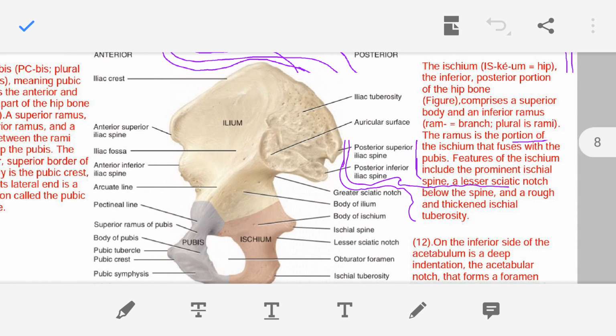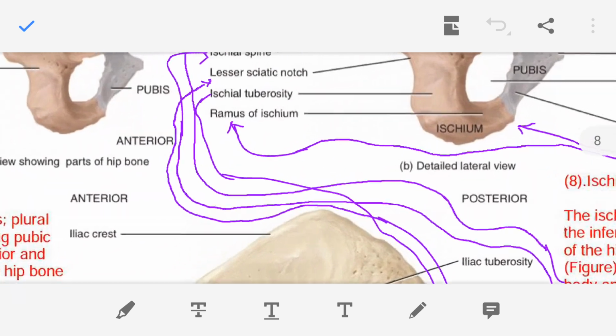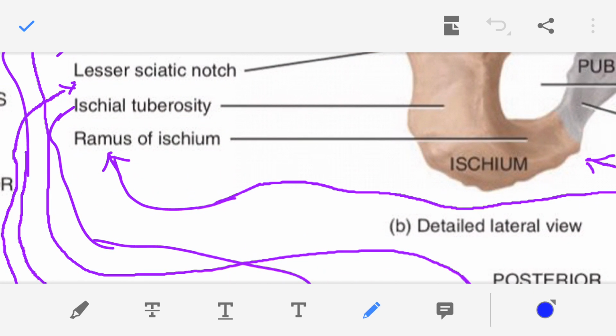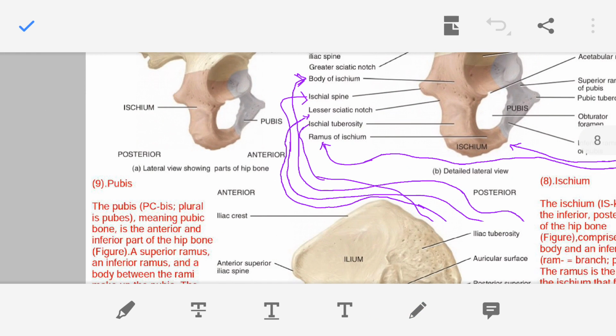So let's find out this tuberosity. So this part, ischial tuberosity.